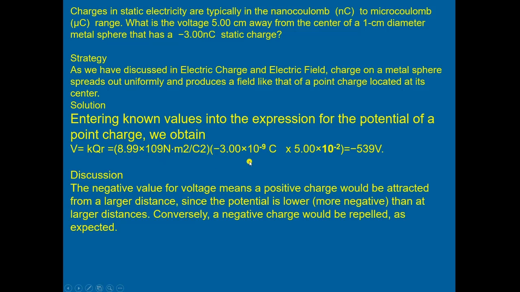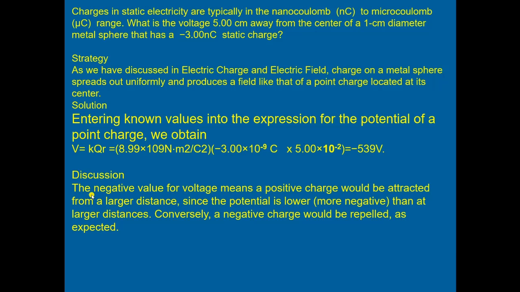After simple multiplication, it comes out to be -539 volt. Now the discussion is that a negative value of the voltage means a positive charge would be attracted from a larger distance, since the potential is lower, that is, more negative than at a larger distance.